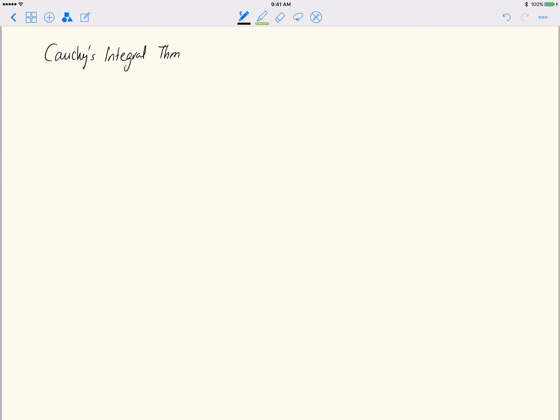Now here, I should mention something. In William Chen's notes, and also in the notes I put up a few weeks ago, Cauchy's integral theorem is stated for what's called a star domain. Whereas what G has done in lectures, he's stated the theorem for what's called a simply connected domain.